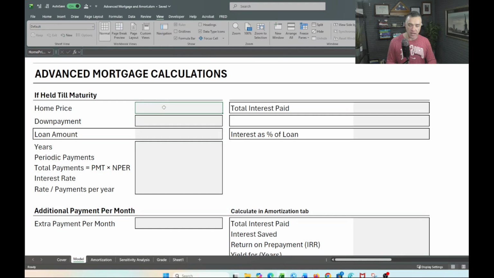So let's just do some basics right now. We're going to say this is a $400,000 house. And just for our example, we'll say we have a 0 down payment. And then we want to know, well, how much do we have to borrow? Well, that's going to be the home price minus the down payment.